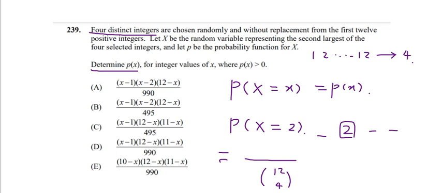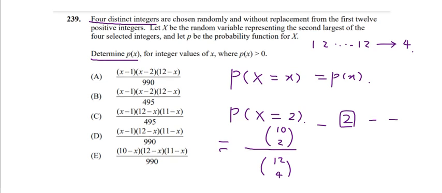Then there are 10 numbers, so from those 10 numbers we pick 2, right? So we guarantee the second largest number is 2: we just pick 1, 2, then pick another two numbers.